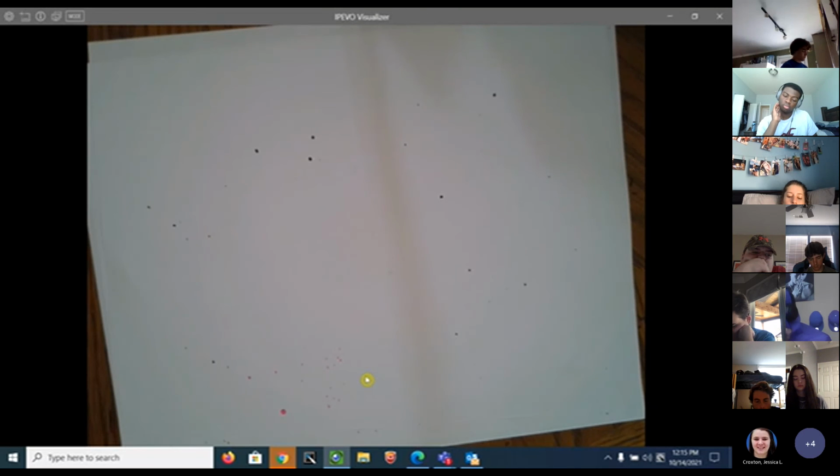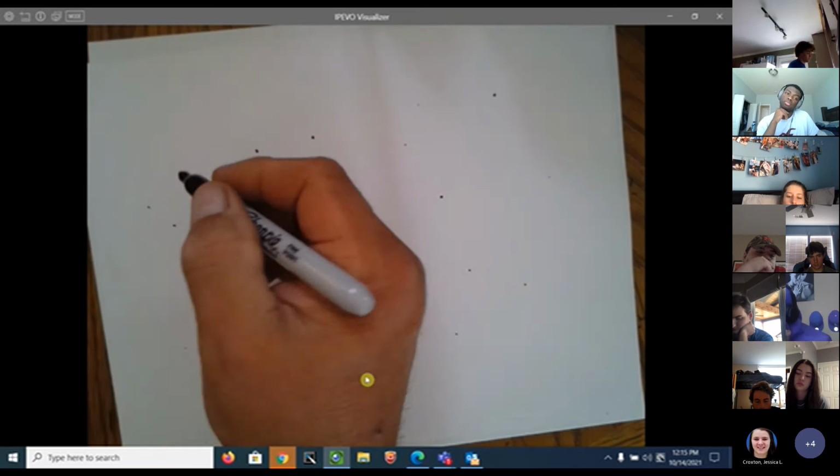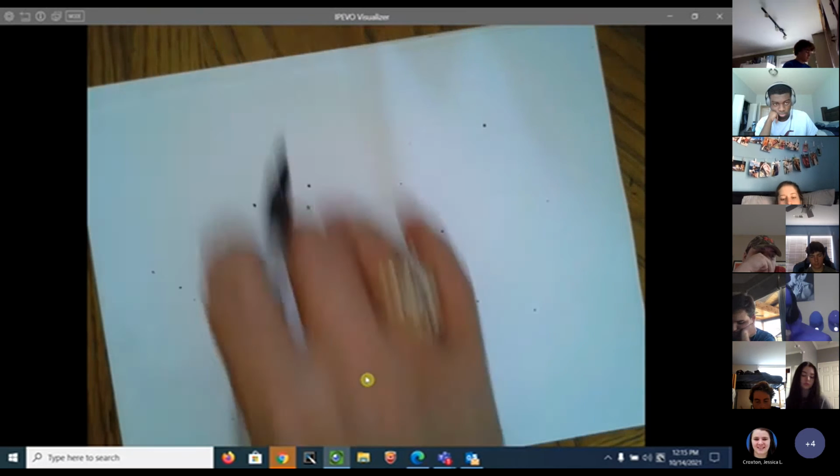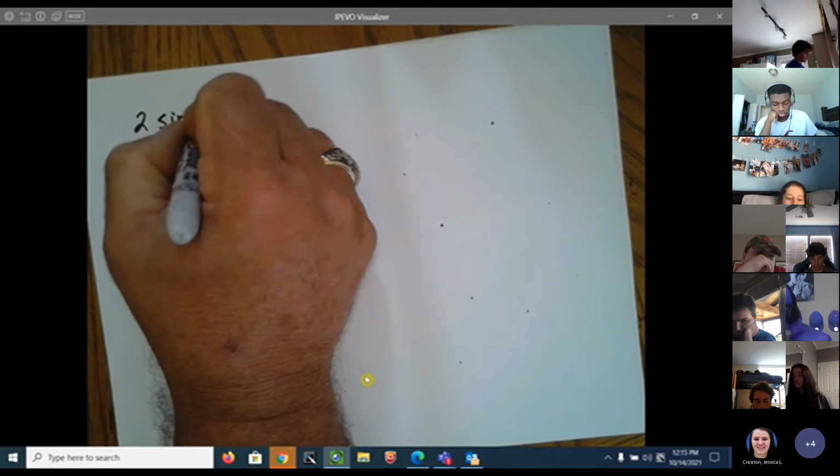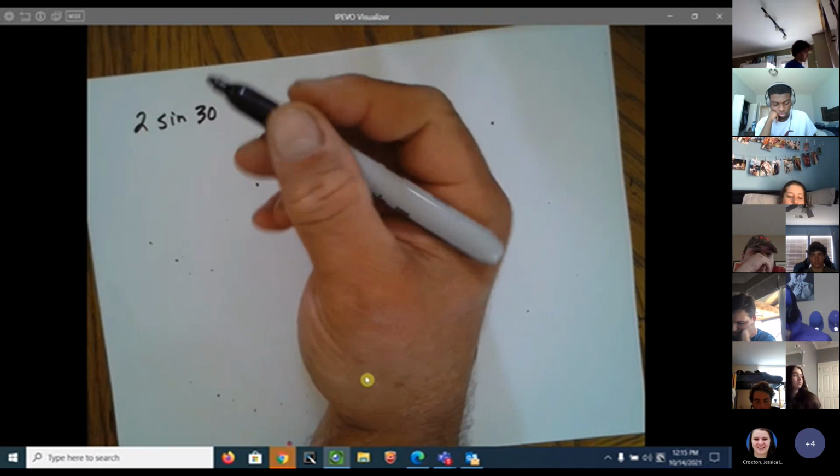All right, here's the other question I got. Let me find it. This one might be a little bit easier for you because it's like 10.2, a lot of 10.2 stuff. All right, the first one is rewrite 2 sine of 30 times cosine of 30.